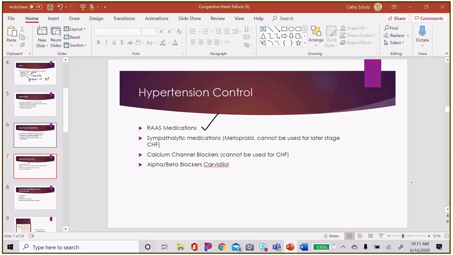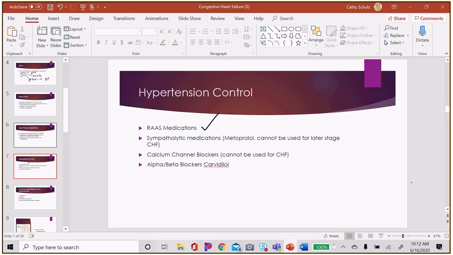You could use an alpha beta blocker or a beta blocker, but we have to be careful when we do those. They're only good for the early stages of heart failure because they do take the work off the heart a little bit, which is good if the heart is failing.